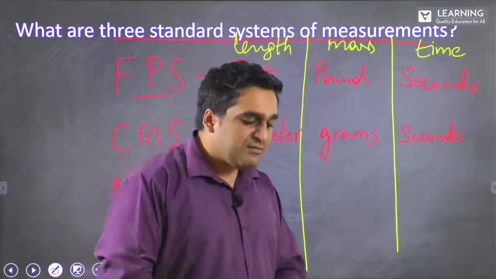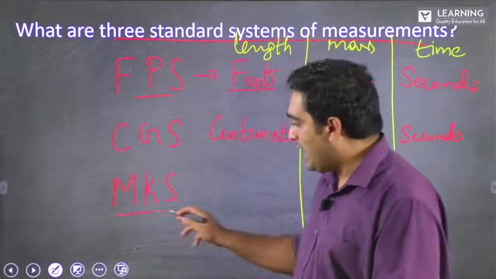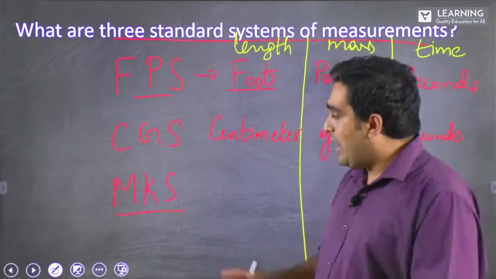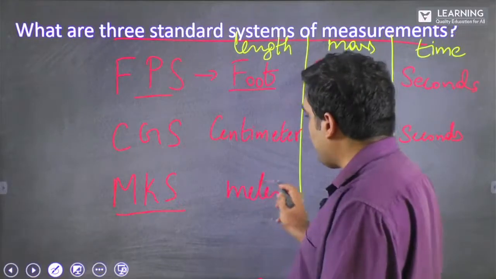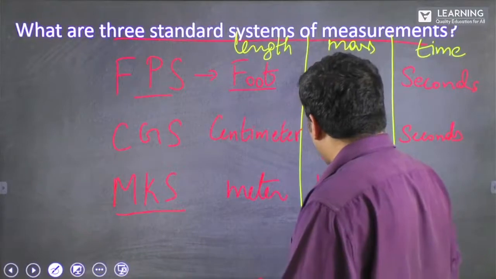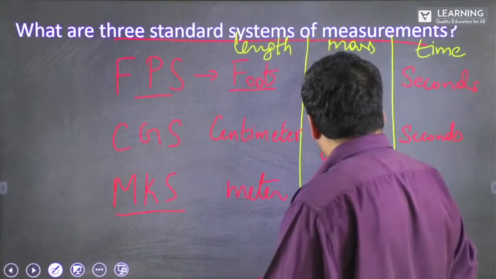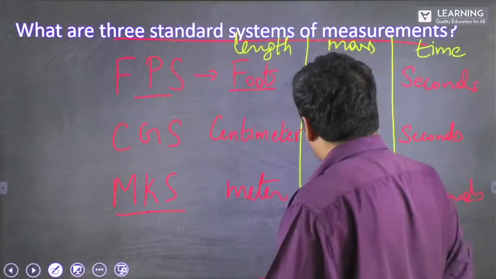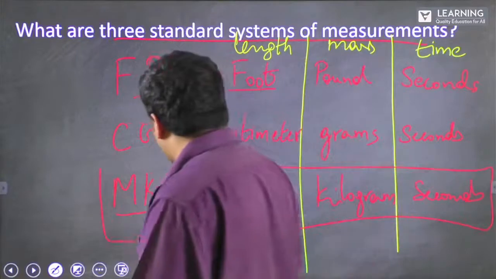This standard measurement for all scientific communities is the MKS unit. M stands for meter, K stands for kilogram, and S for seconds. This is widely used in the scientific community.